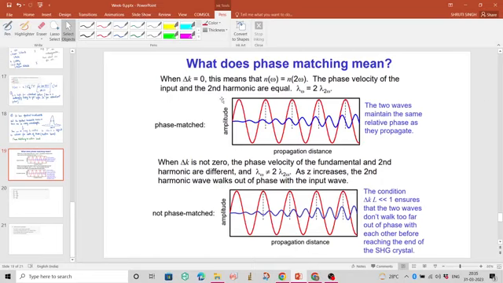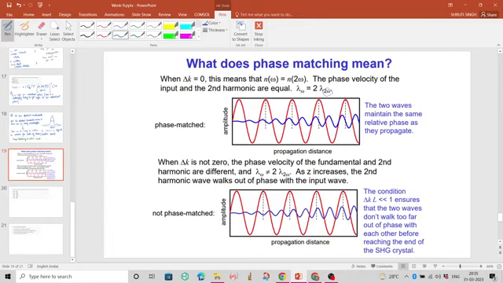And this phase matching condition we had seen in the previous session, that the refractive index of our fundamental should be equal to the second harmonic. That is, the phase velocity of the input and the second harmonic are equal, and lambda omega is equal to 2 times the lambda of 2 omega, the second harmonic. 2 omega is the second harmonic. So that's how the phase matching looks like.